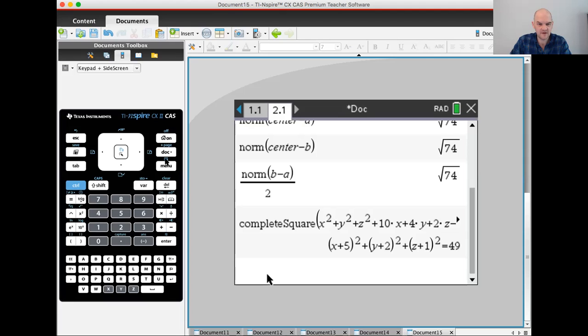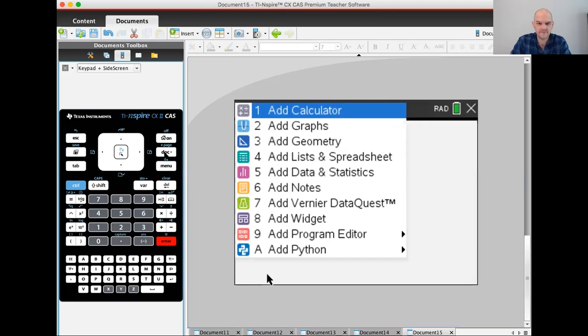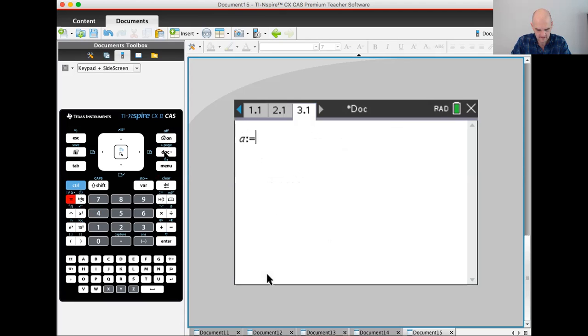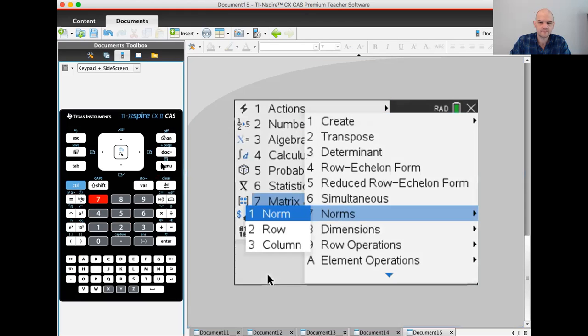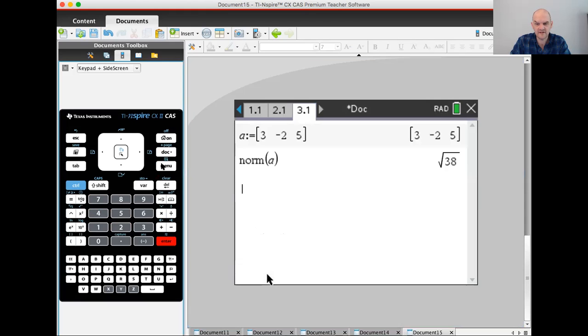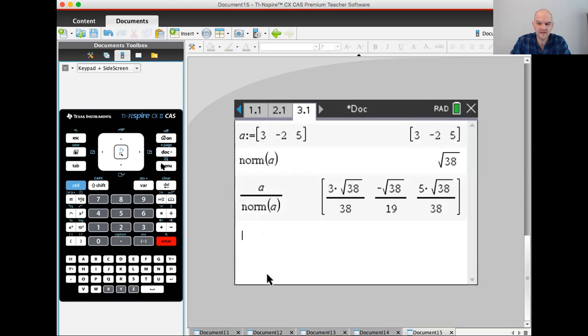I'm going to start a new problem. Doc 4, enter. A is going to be 3, -2, 5. All right, so norm, menu 77, enter of A, radical 38, which we were expecting. For the unit vector, I could do A divided by the norm of A. And I get this, it rationalizes, it's really annoying, but there's nothing we can do about it.